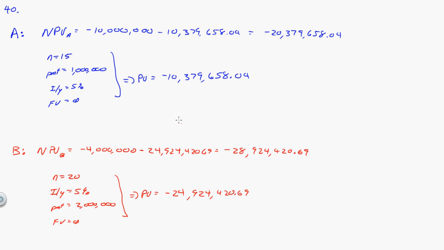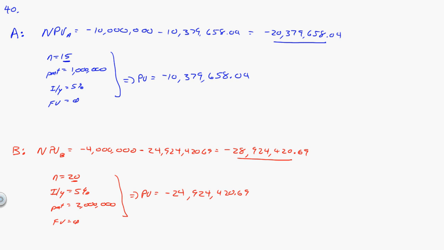The important thing here is, alright, it would cost me $20 million today to get machine A, get those toilets going for 15 years. It would cost me $28 million today to get these toilets running for 20 years. I can't make that comparison. I gotta compare equal time periods.